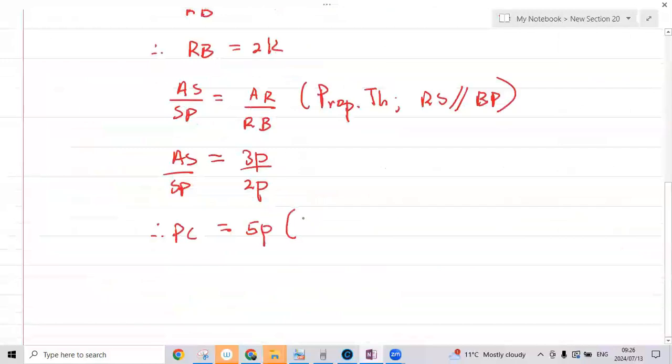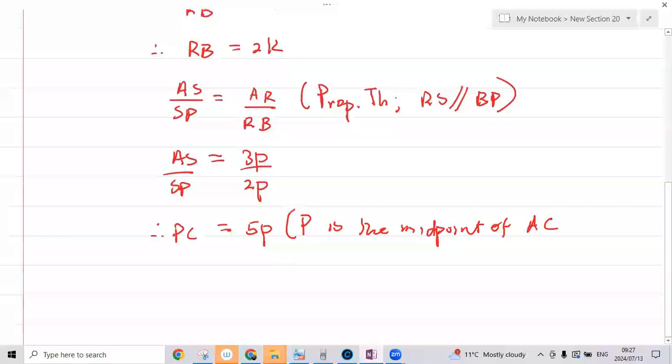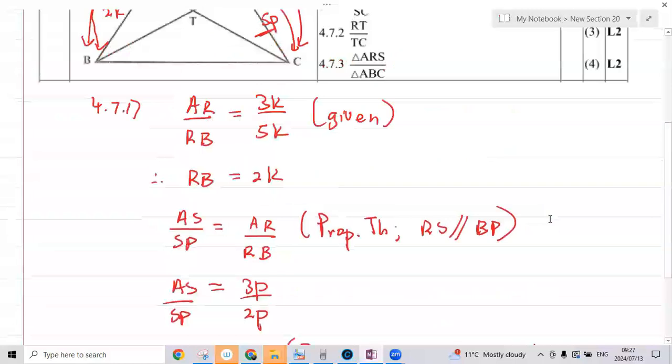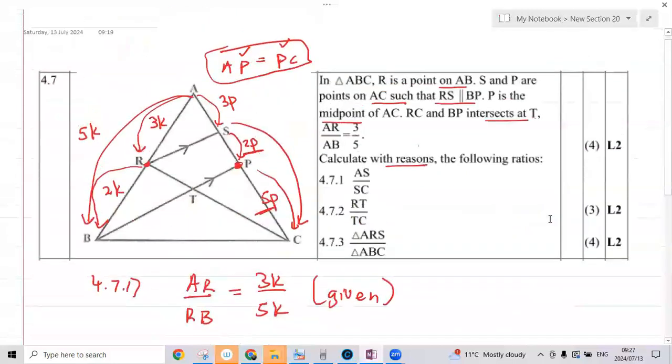And there, let's write that down. P is the midpoint of AC. So what can we conclude? Therefore, AS over SC is going to be, AS is 3P and SC is going to be 5P plus 2P, which is 7P. So that's 7P now. Okay, that whole thing there.